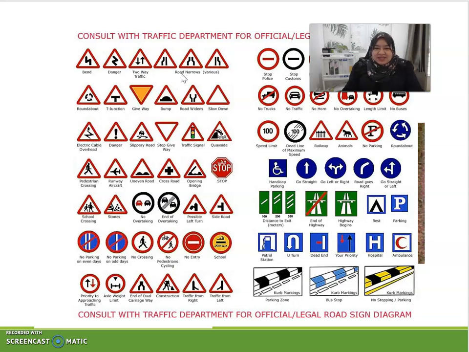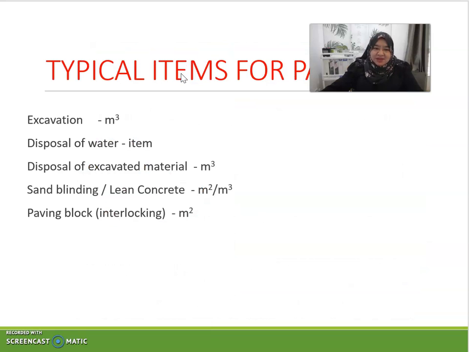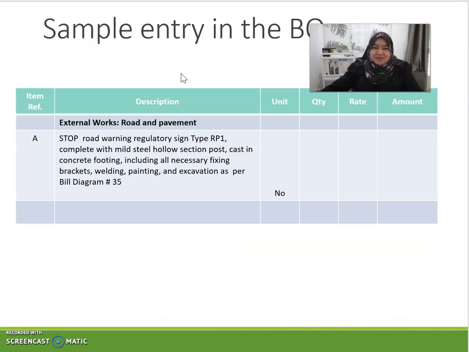All of these need to be described precisely in your description, so that it's easy for the contractor to submit a quotation for pricing the item. It is good also if you have the annotation of a diagram in the drawing, for example the bill diagram, so that the contractor can refer to the actual design of your road marking.